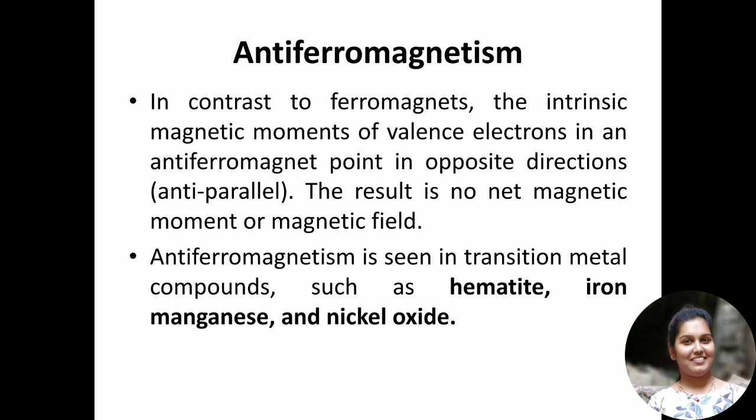Antiferromagnetism is commonly seen in transition metal compounds such as hematite, iron manganese, and nickel oxide. These are the materials in which we see antiferromagnetism.